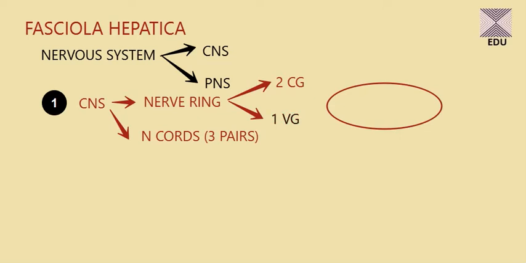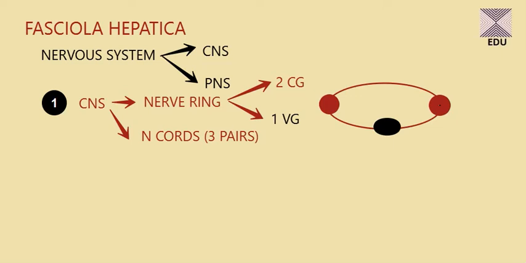There is a single ventral ganglion present over here, and we have two cerebral ganglia on the lateral sides. So this is the positioning of these ganglia on the nerve ring. Here I have given colors to them. The two cerebral ganglia are reddish in color, whereas the ventral ganglion is blackish in color.